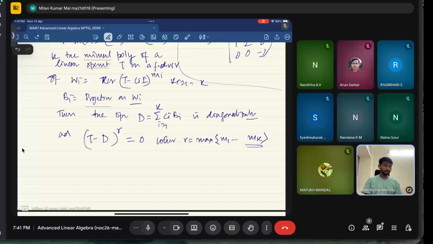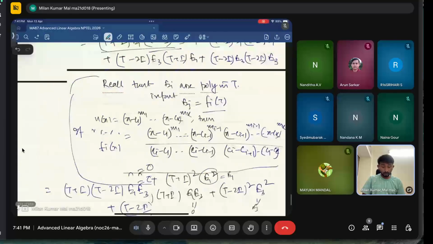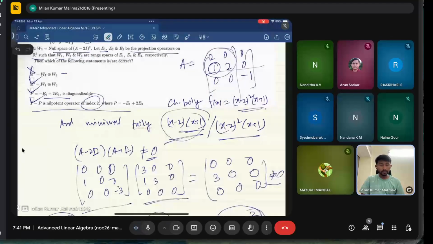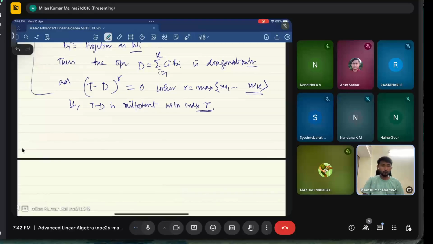This is generally true. So using this theorem, you can directly conclude these results: that minus E1 plus 2E2 plus 2E3 is diagonalizable, and T minus D is a nilpotent linear operator of index 2. That is, T minus D is nilpotent, not diagonalizable, with index r. R is the smallest integer for which the power is going to be 0.